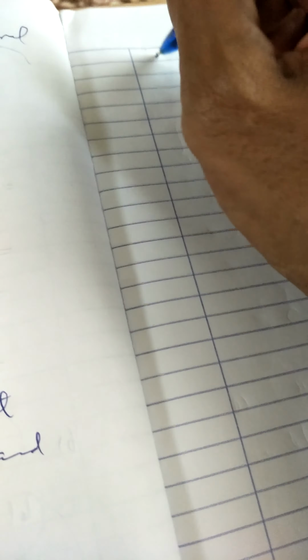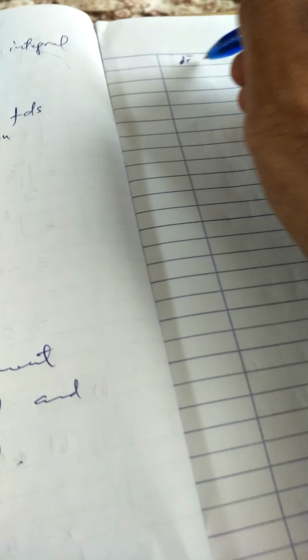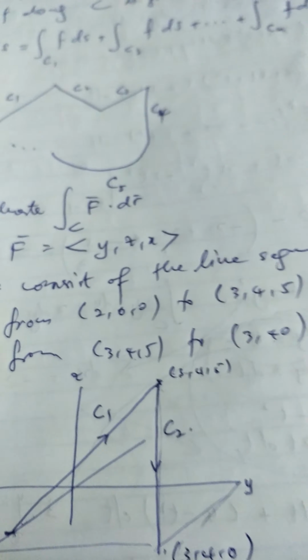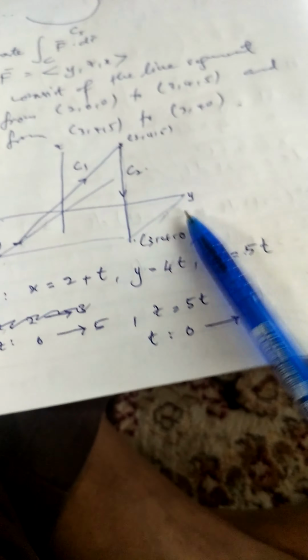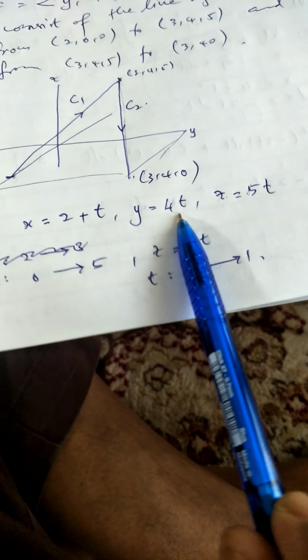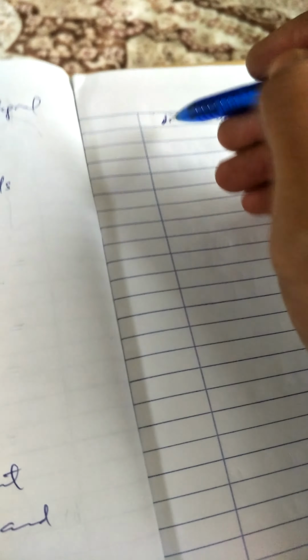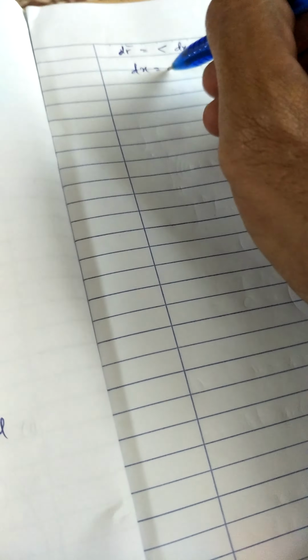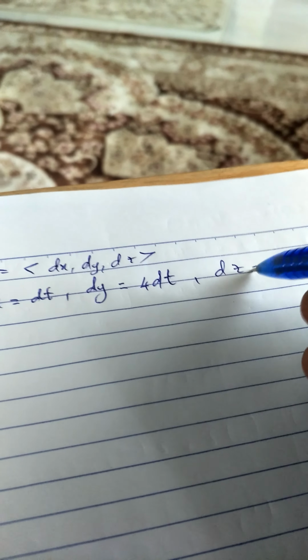So what else do we need? We need r and dr. Given x, y, z as obtained, you can differentiate with respect to t, which gives dx equal to dt, dy equal to 4 dt, and dz equal to 5 dt.